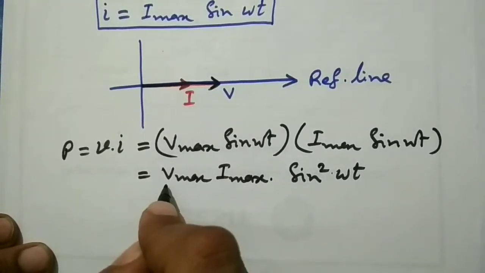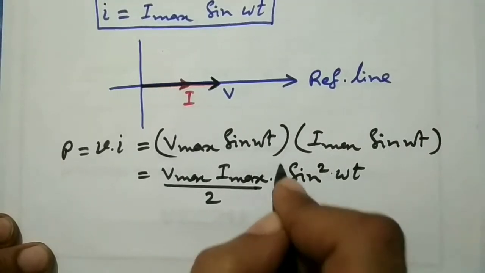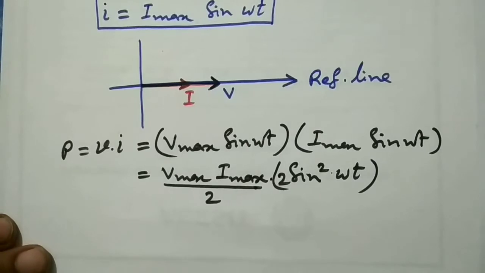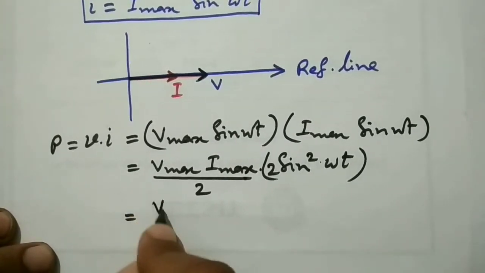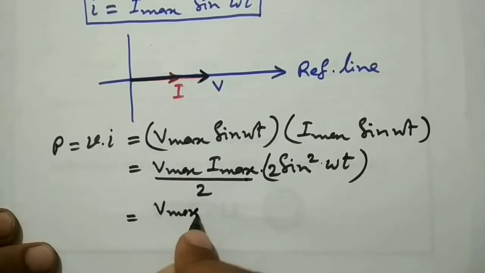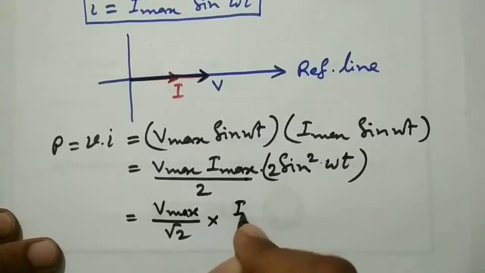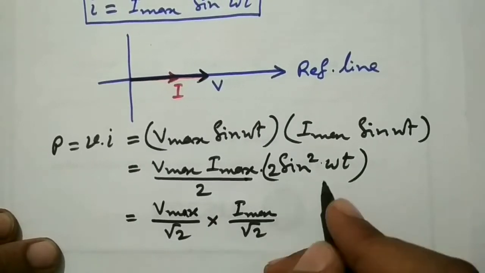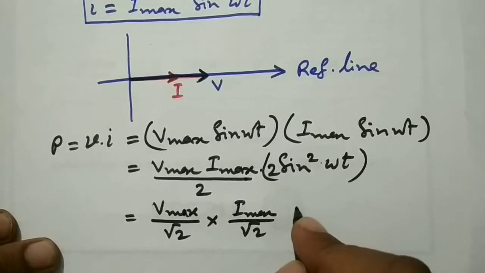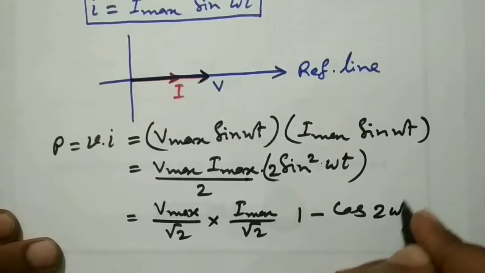Now divide this value by 2 and multiply by 2. So here we can write V max upon root 2 into I max upon root 2. 2 sin square omega t can be written as 1 minus cos 2 omega t.